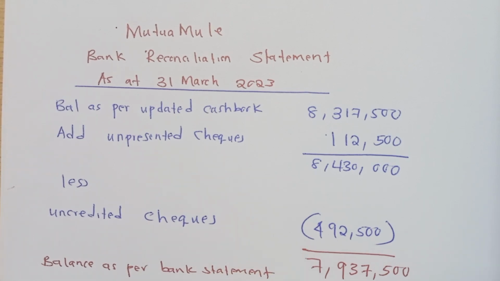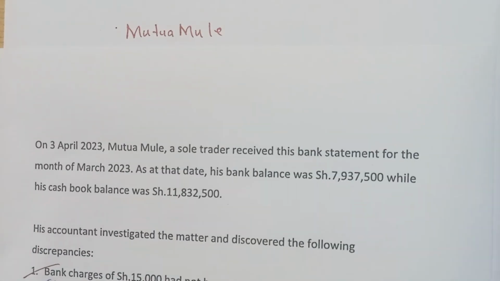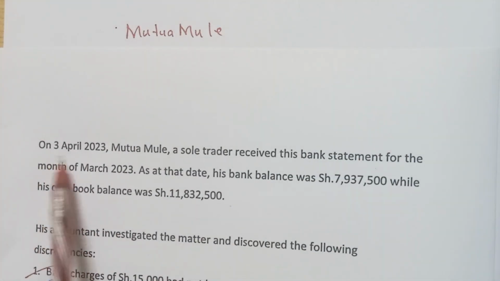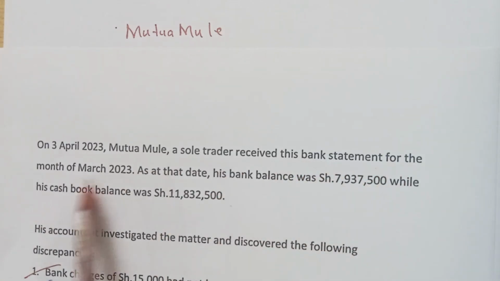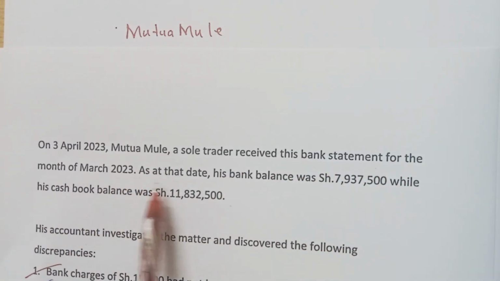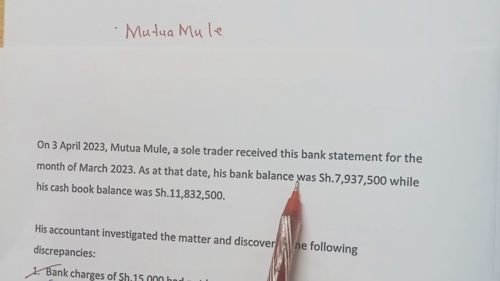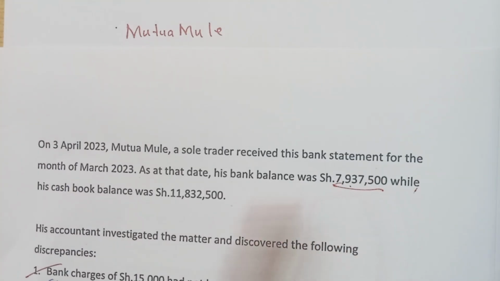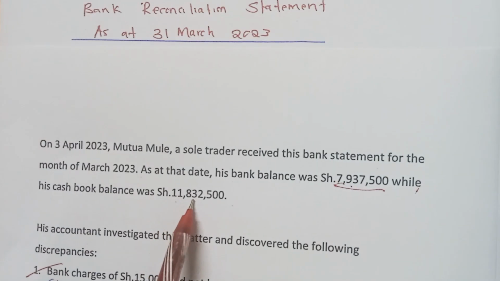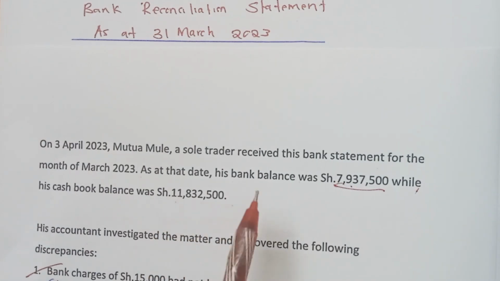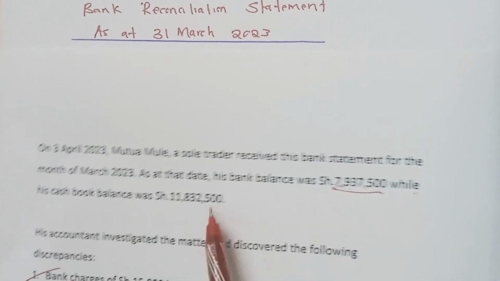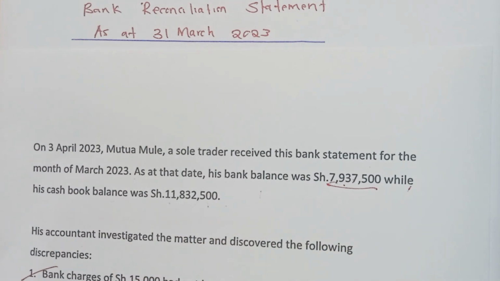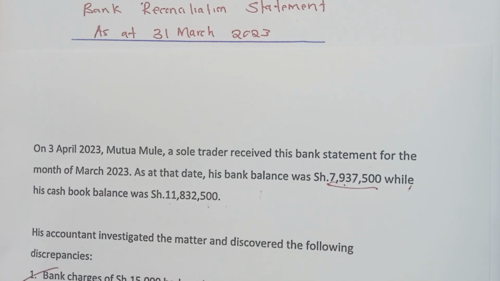If we go to our question, we are told that on 3rd April 2023, Mutua Mule, a sole trader, received his bank statement for the month of March 2023, while his cash book balance was 11,802,500. The items causing these differences have been listed, and we have adjusted all of them.